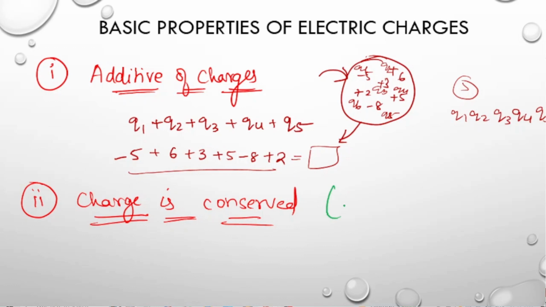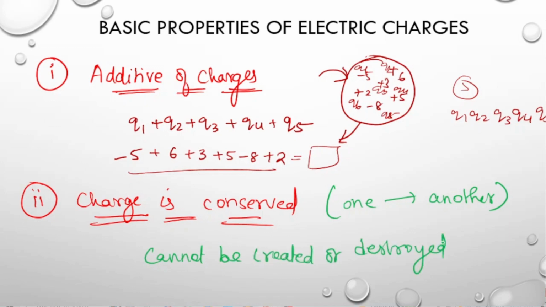Like kinetic energy can be converted to potential energy. So charges can change from one form to another form, but they cannot be created or destroyed. So the total charge in the system will always be conserved.